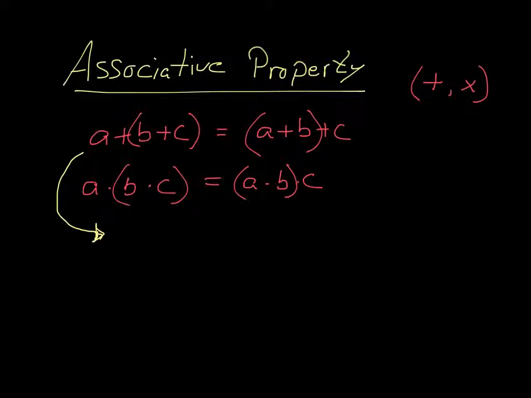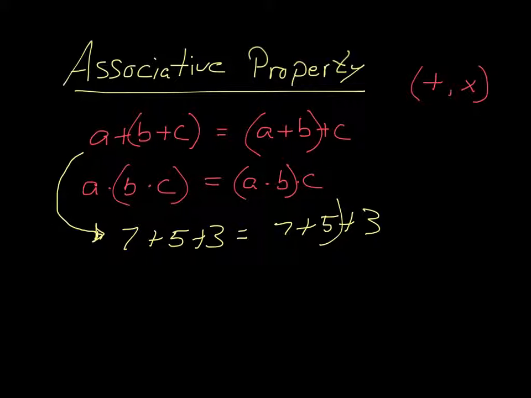Okay, so if I put (7 plus 5) plus 3, is that the same as 7 plus (5 plus 3)? Well, according to the rule it should be, but let's work it out. 5 plus 3 is what? 8. 7 plus 8 is what? Good job, 15.